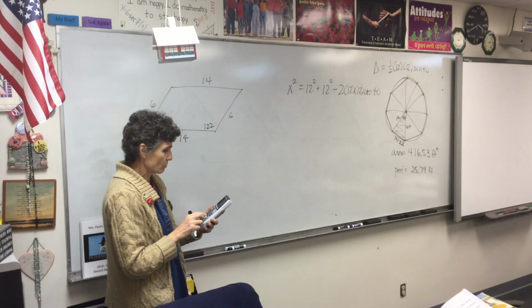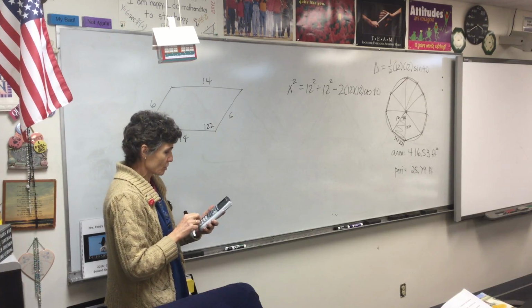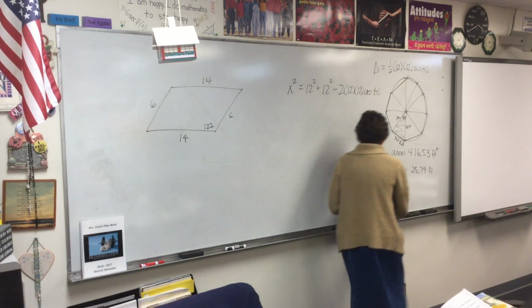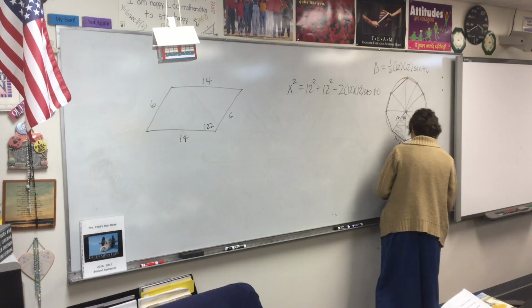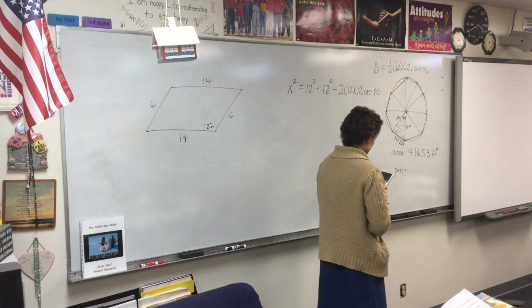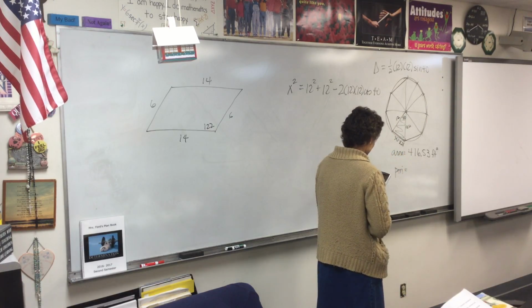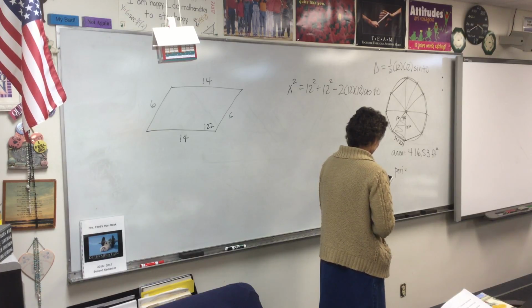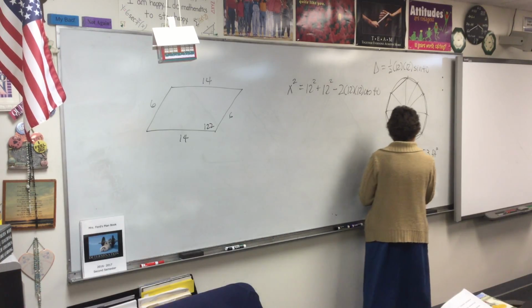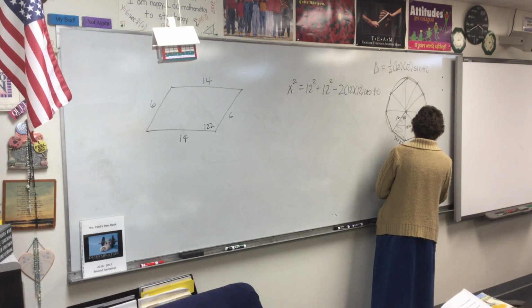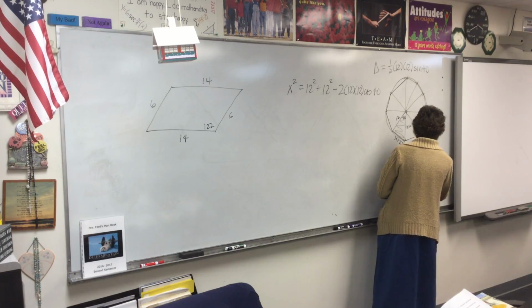Oh, no. Somehow I hit another button. Sorry about that. Yeah, that's not right. Somehow I did something and hit a button myself. Did you get 73.8? I have 8. Yeah.